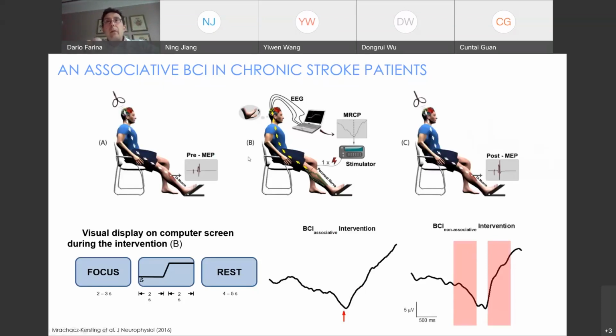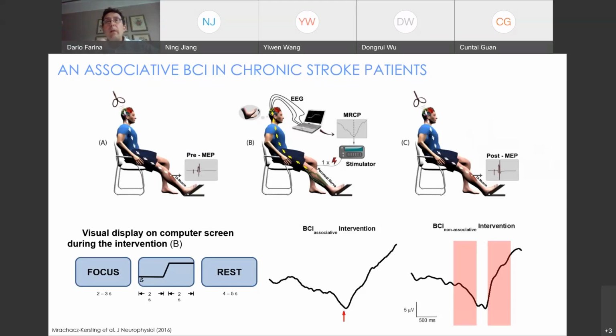And again, in stroke patients, we look at cortical excitability before and after this repeated intervention. So as you can see in this study, we make a step forward and we try to translate the neurophysiological results that we have obtained in a clinical setting.